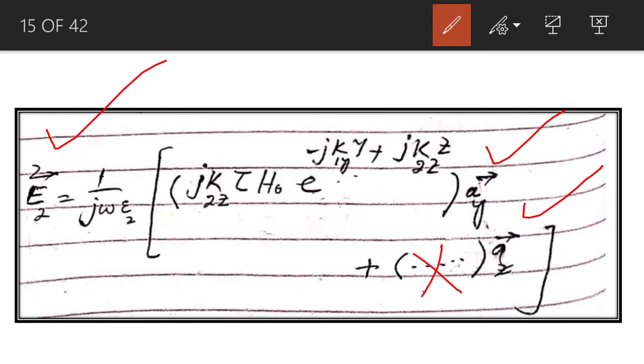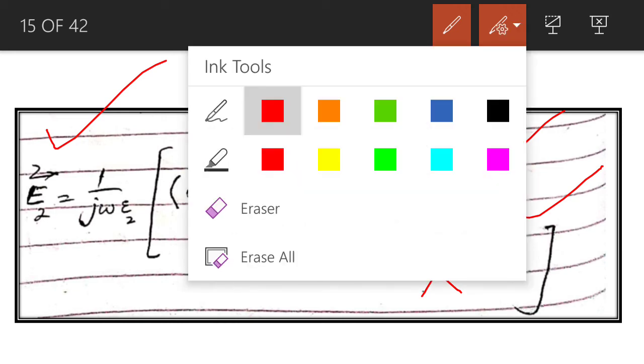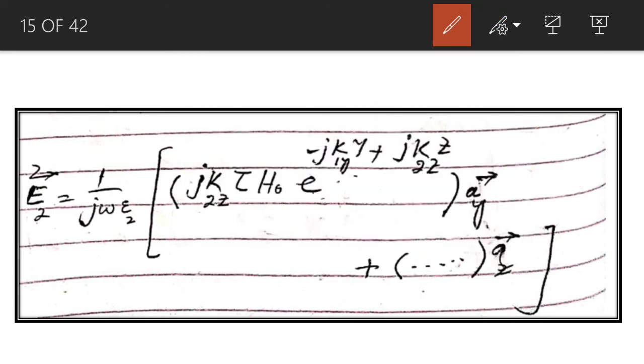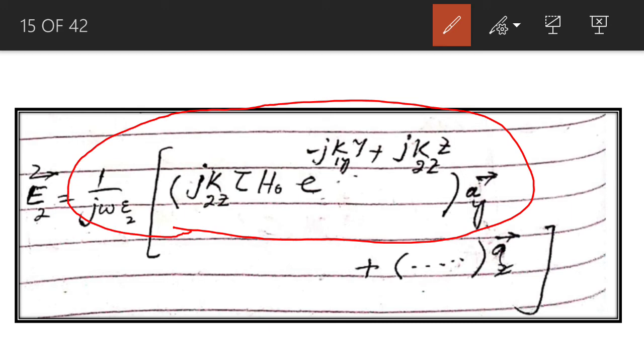Why? Because when the wave travels from medium number 1 to medium number 2, the normal component of the electric field intensity will change. However, the tangential component of the electric field intensity will not change. So here is the tangential component of the electric field intensity, and let us consider it at z is equal to 0.